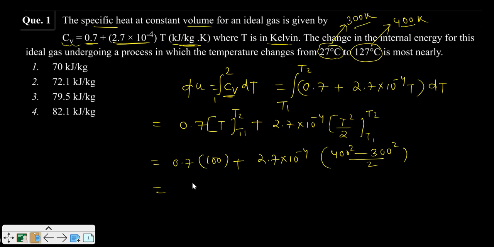So this we are getting as 79.45, and obviously kilojoule per kg, right? So approximately we are getting option 3 as the correct answer, right? 79.5 is the correct answer for this question. So hope it was understandable, right?